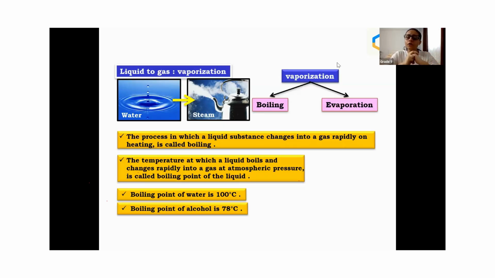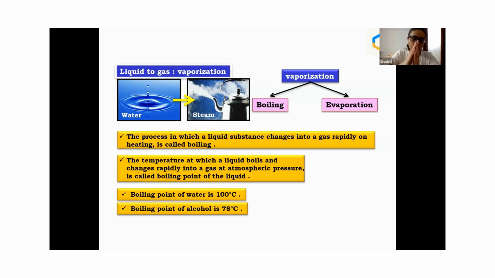Okay, now everyone, I want you to write the heading evaporation. Just write one definition about evaporation. The phenomena of change of liquid into vapors. This much you already know, right?